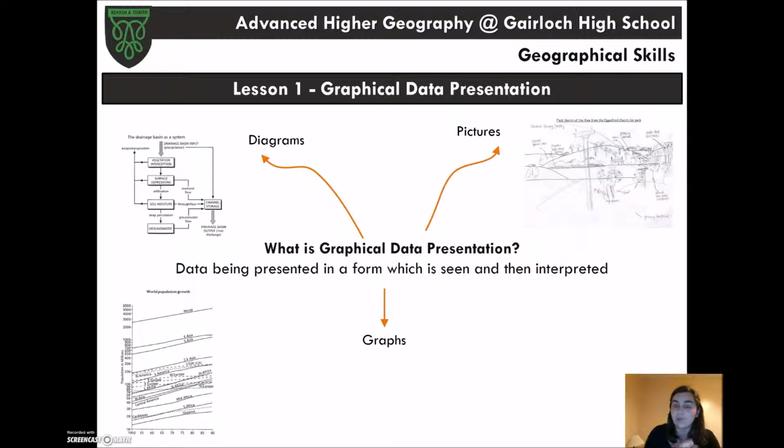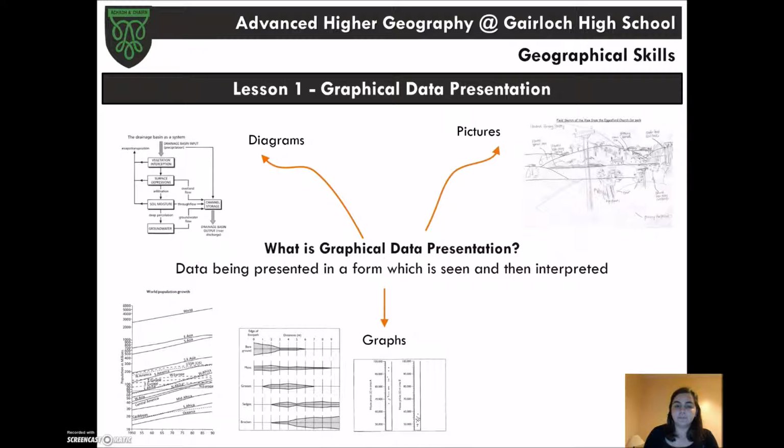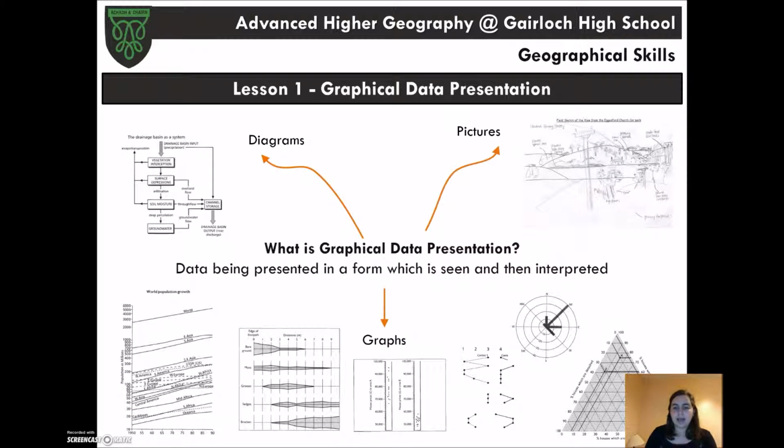This is a graph with a logarithmic scale. We've got kite diagrams, distribution maps, bipolar analysis, radial, polar or rose diagrams, which have different names, and triangular graphs. We'll get to grips with how to make all of these. We'll do worked examples and we'll do activities to do with each of these.